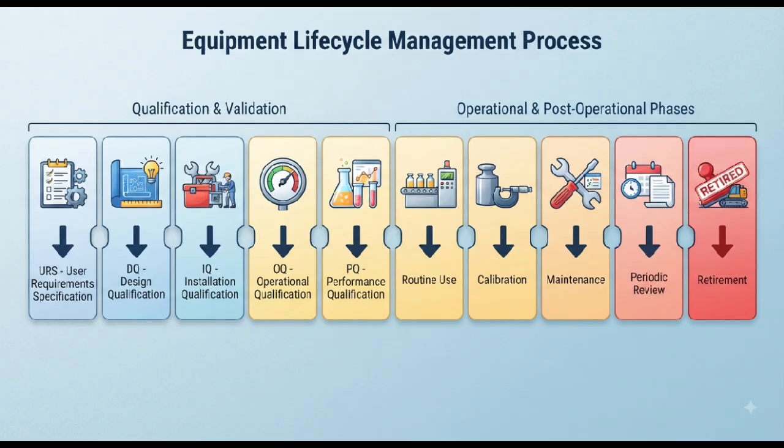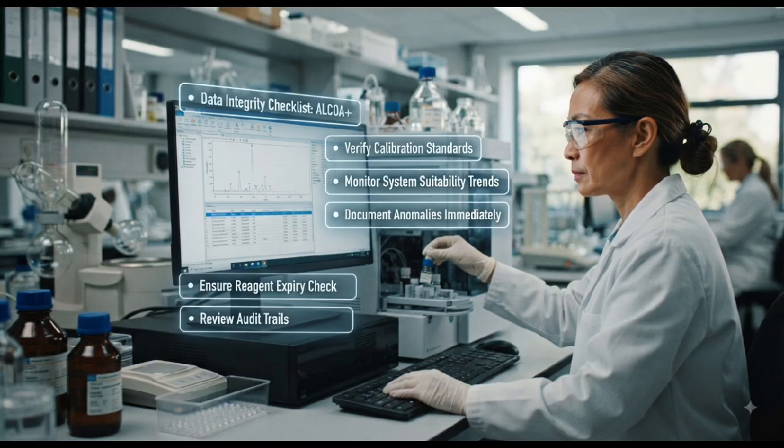Practical analyst tips. Here are some practical tips for analysts. Always read the current approved SOP before starting. Check the calibration status of every reference instrument. Verify standard identity and validity. Allow adequate system stabilization. Record raw observations immediately.